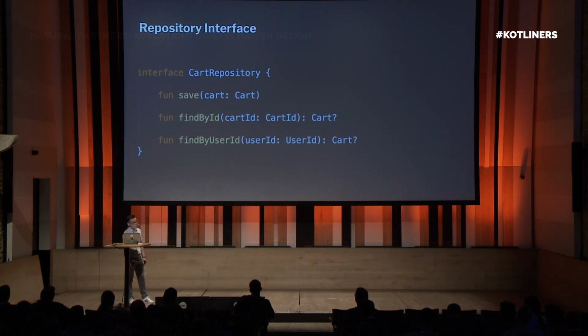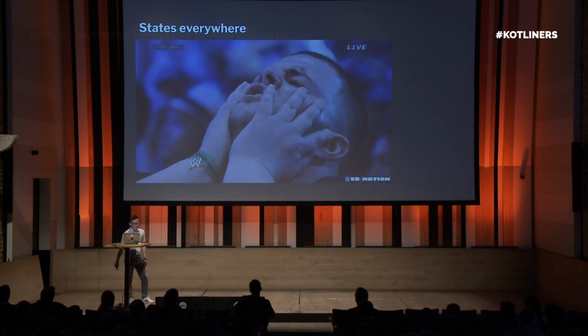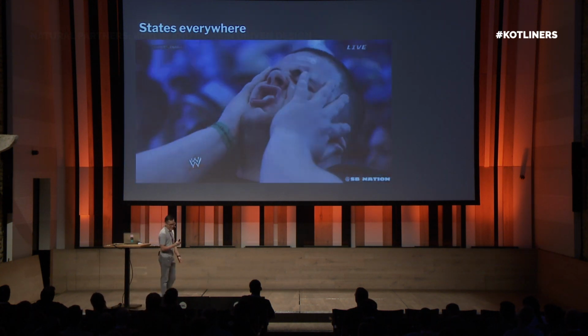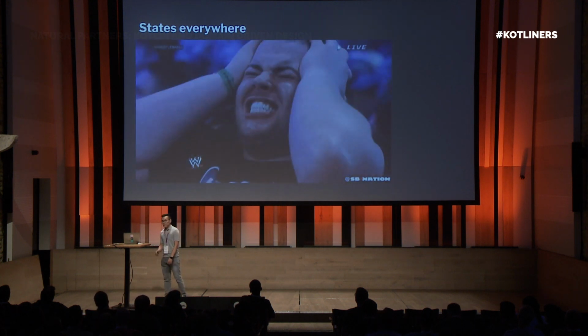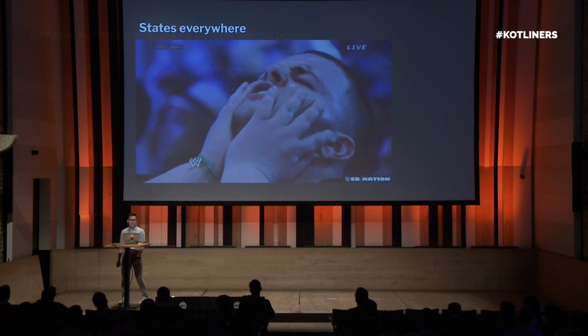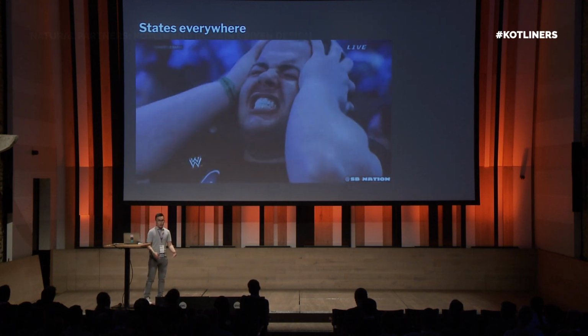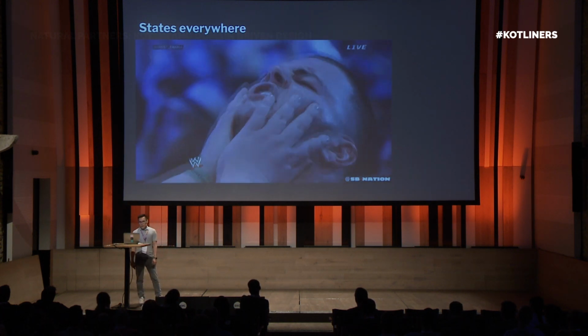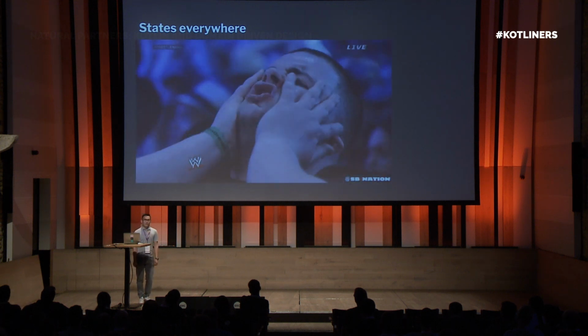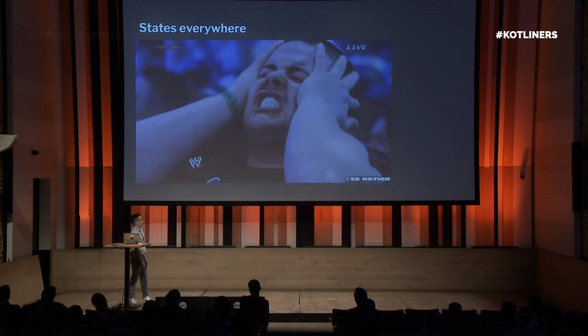Yeah, so states. Another thing that I found really beautiful in Kotlin is the way we are able to handle the states. This is a very hot topic for us at N26, and it's very important.